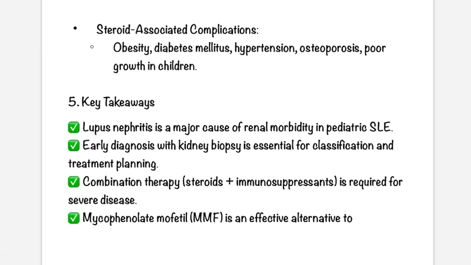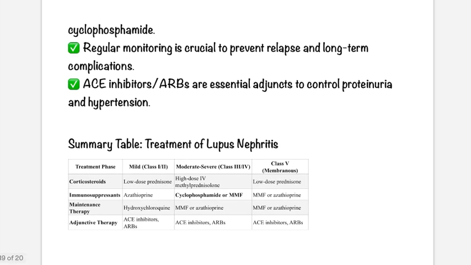Steroid associated complications can occur, so this is actually an important thing. Okay, so just see the summary of treatment. Corticosteroids are used in mild cases: low dose prednisone. In moderate or severe cases, high dose methylprednisolone is used.